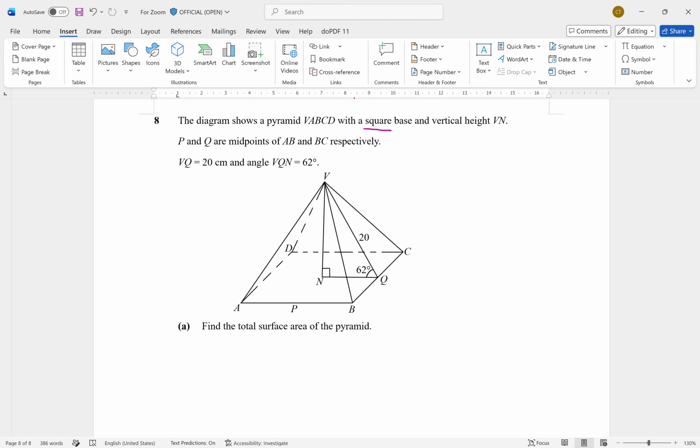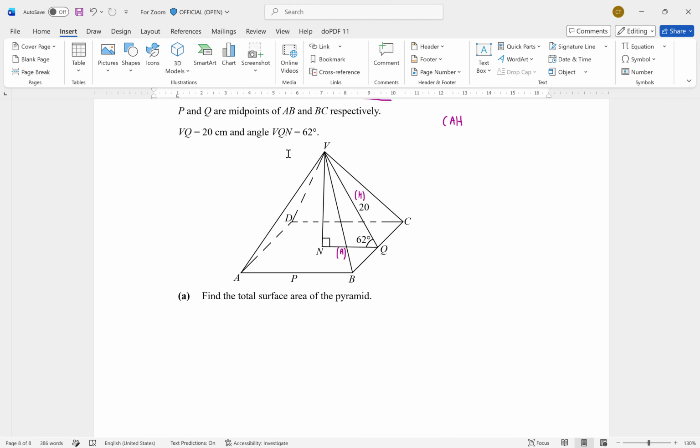The angle is 62 degrees over here. NQ, the side that we want to find, is the adjacent side, and VQ, the side that we have, is the hypotenuse. So the trigo ratio that we are going to use is cosine.